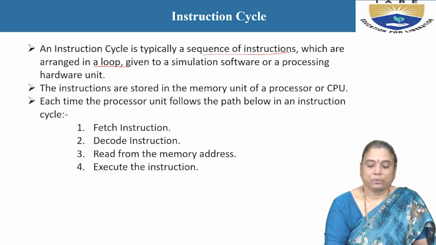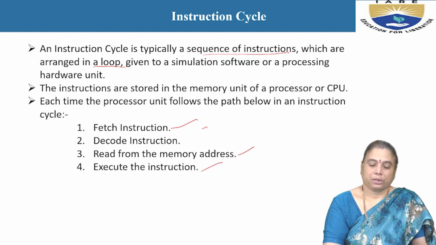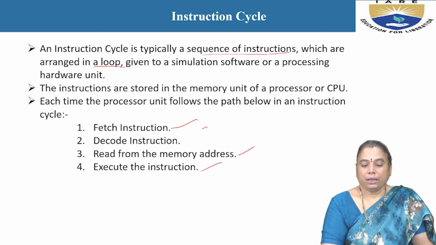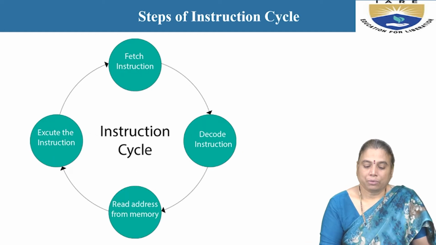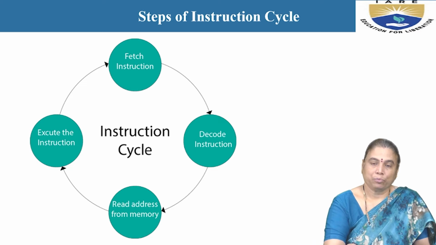Each time the processor unit follows the path, so the instruction cycle generally consists of 4 steps: fetch the instruction, decode the instruction, read from memory addresses or get the operand, and execute the instruction. So these are the 4 steps that are executed during the instruction, in a cyclic or loop fashion.